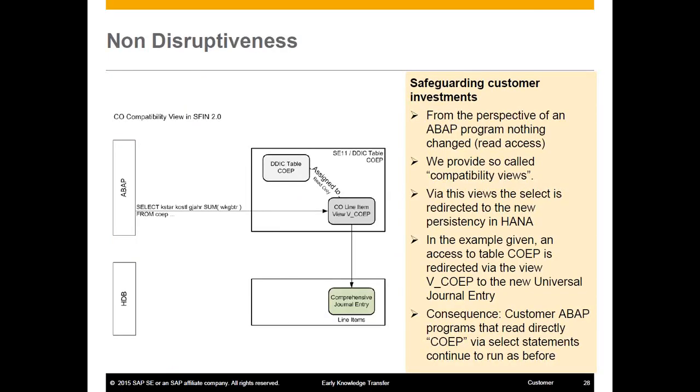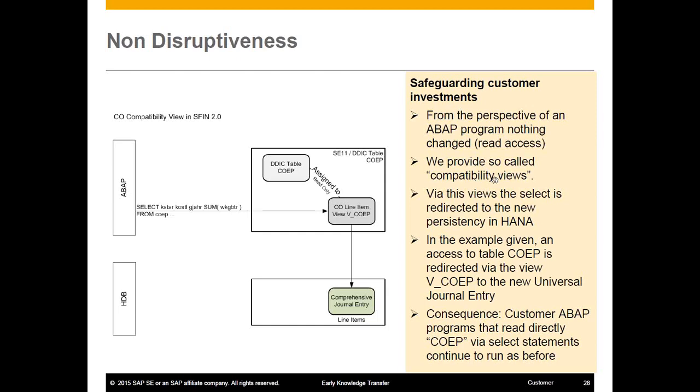Right now we are in Simple Finance 2.0. So the version right now is 2.0, so they moved from 1. There is a CO compatibility view, which basically means you can look at all your older CO tables, safeguarding customer investments from the ABAP perspective.